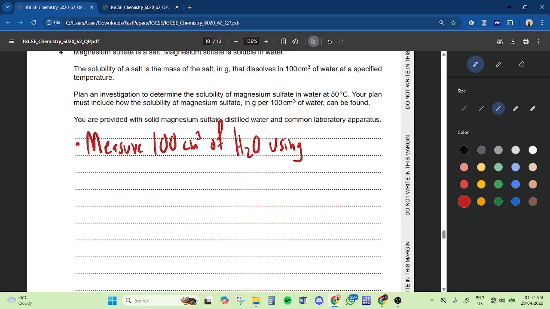An investigation covers all the steps that are taking place. So measuring out water, heating something, using a thermometer, these are all things that might seem obvious, but if you write them down in the exam, chances are you're going to be graded just for writing that. So measure 100 cm³ of water using a measuring cylinder.